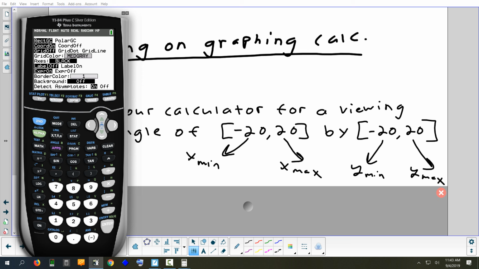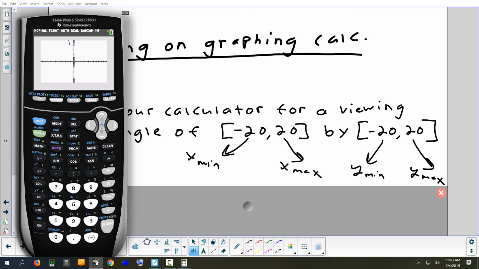Are yours on black? They were set to off, okay. So if you go to the axes, you can change the color. His were on off, so he had a screen that looked like that. Usually we want to keep the axes on, and I usually just keep them on black.